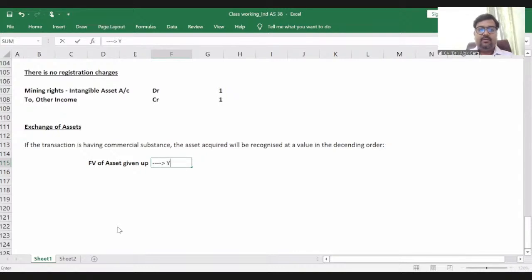Yes, it is there. Then recognize the asset acquired at fair value of asset given up.